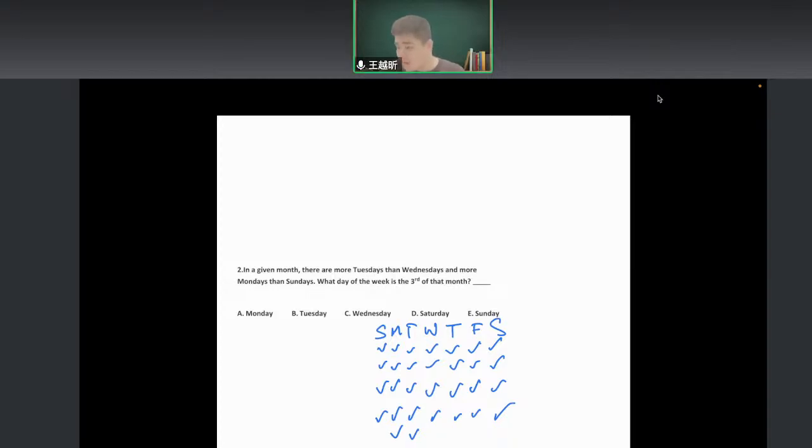From this calendar, we can see the first day of the month should be a Monday. It starts this way, Sunday, second week, third week, and the fourth week.